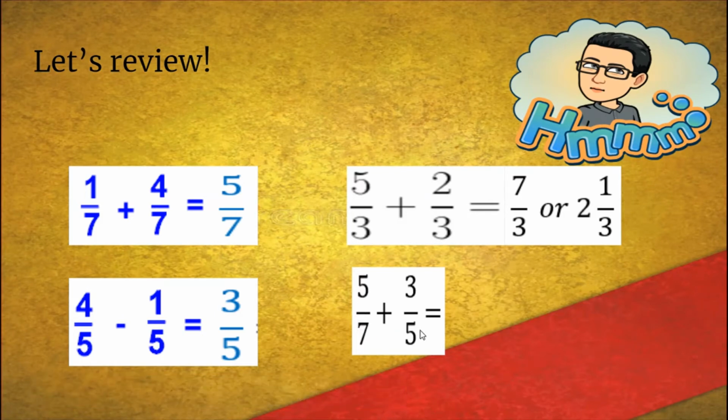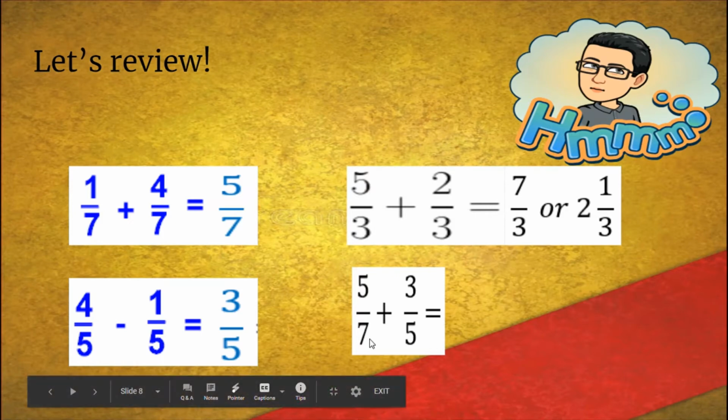Do you have something in mind now, grade 6? Very good. The LCD for 7 and 5 is 35.